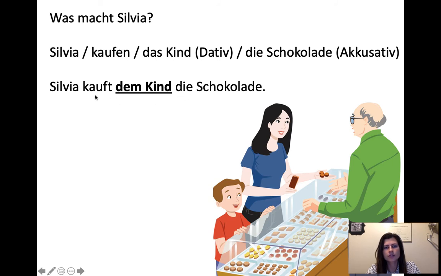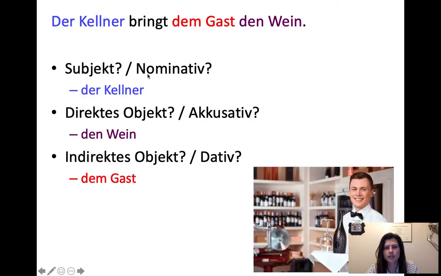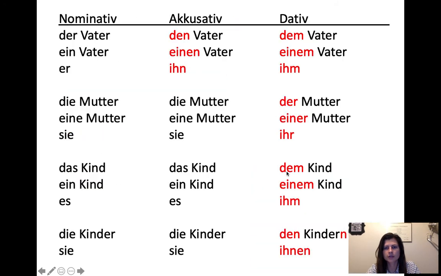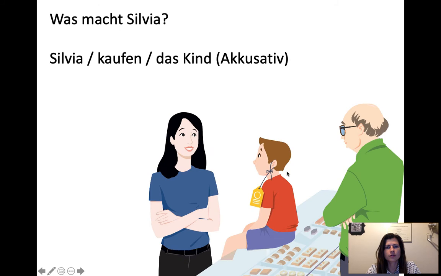Or you could say Sylvia buys chocolate for the child, to them or for them. And then you could translate either way in English, but in German, this is the construction. So you can see das Kind has turned into dem Kind to be dative, just like this chart right here, dem Kind.